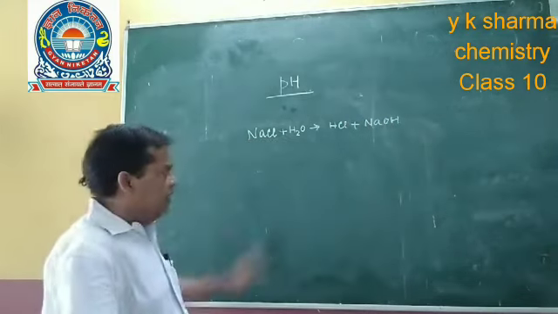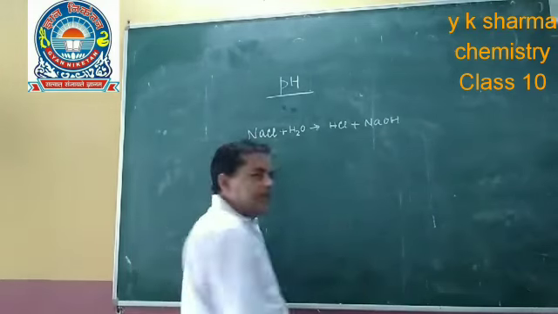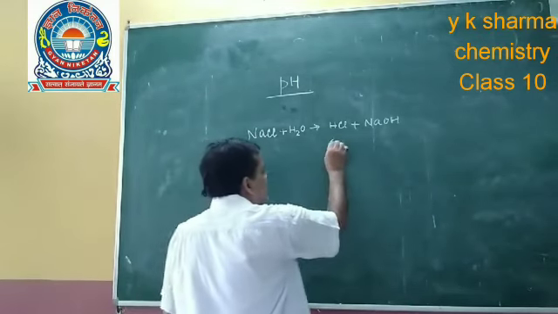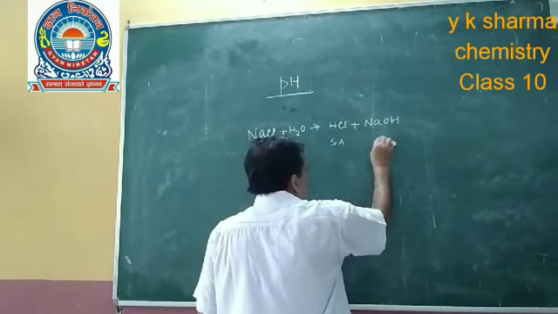Here, HCl is a strong acid and NaOH is a strong base.